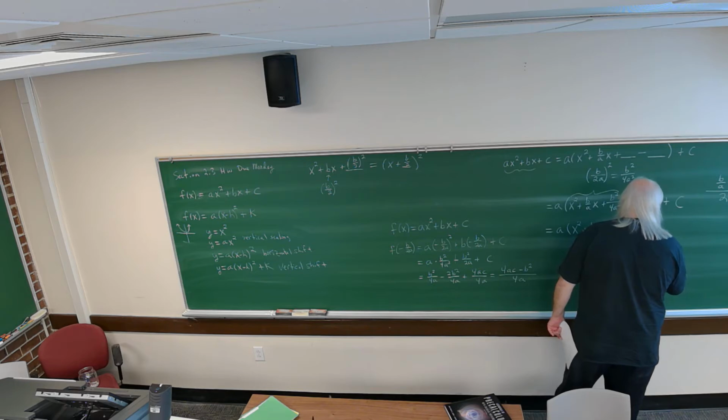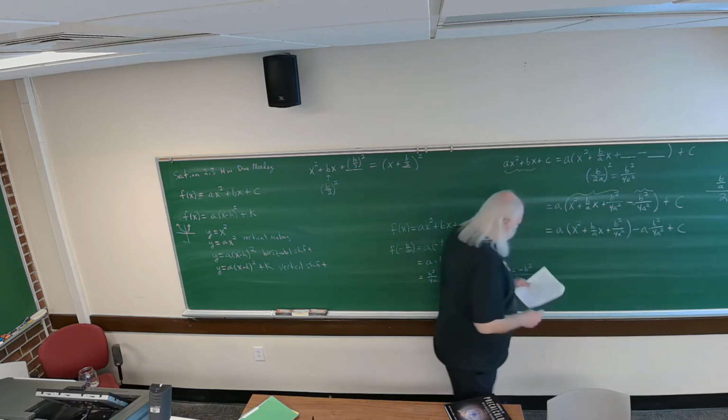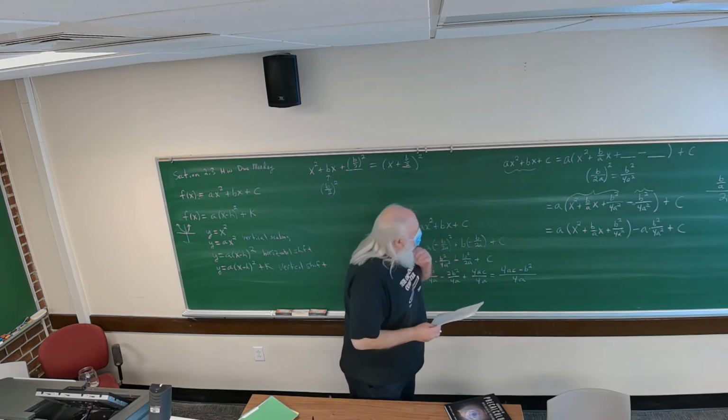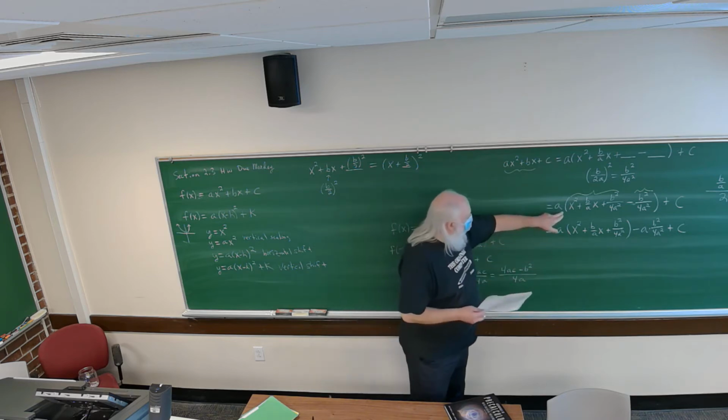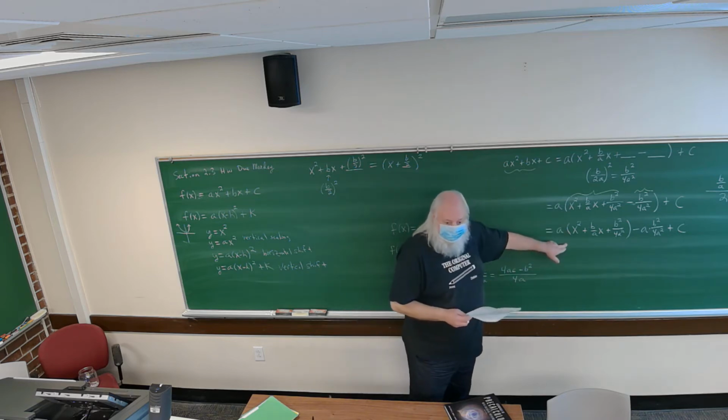So minus a times b squared over 4a squared, and then plus c. Are you with me? Do you follow how I went from this step to this step?